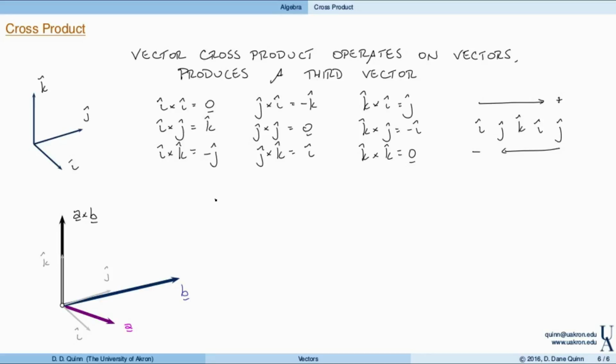So once again, we'll let the vectors be described in terms of Cartesian coordinates. So A is xa in the i direction plus ya in the j direction.